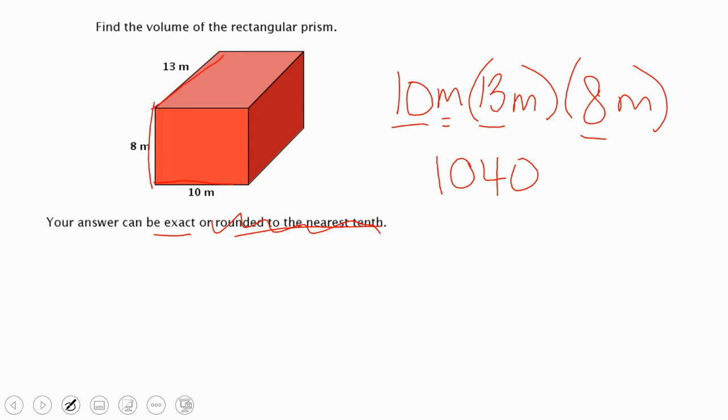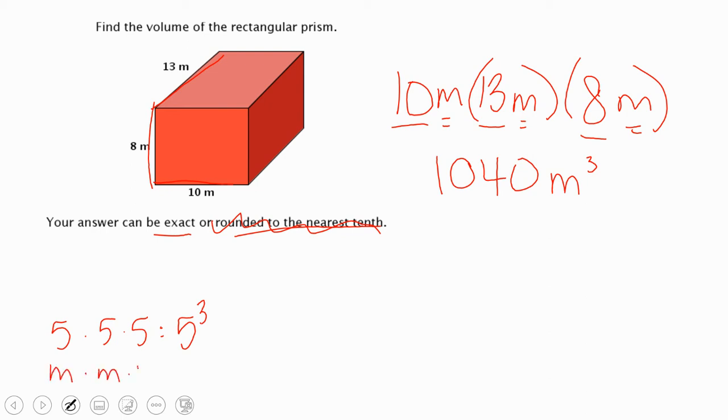And then you have meters times meters times meters, which is meters cubed. Anytime you're working with volume, your units will always be cubed. Think about if you had 5 times 5 times 5. We could just say that was 5 cubed. Same thing's going to happen with your units.